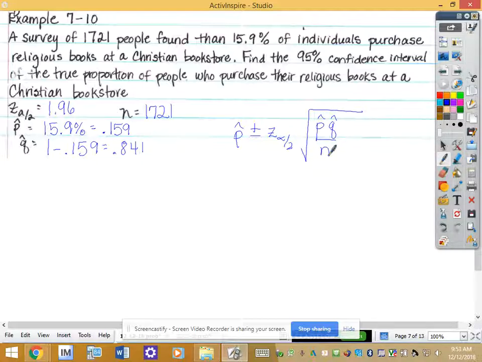And as we fill it in, we have 0.159 plus or minus 1.96 to the square root of 0.159 times 0.841 divided by 1721.